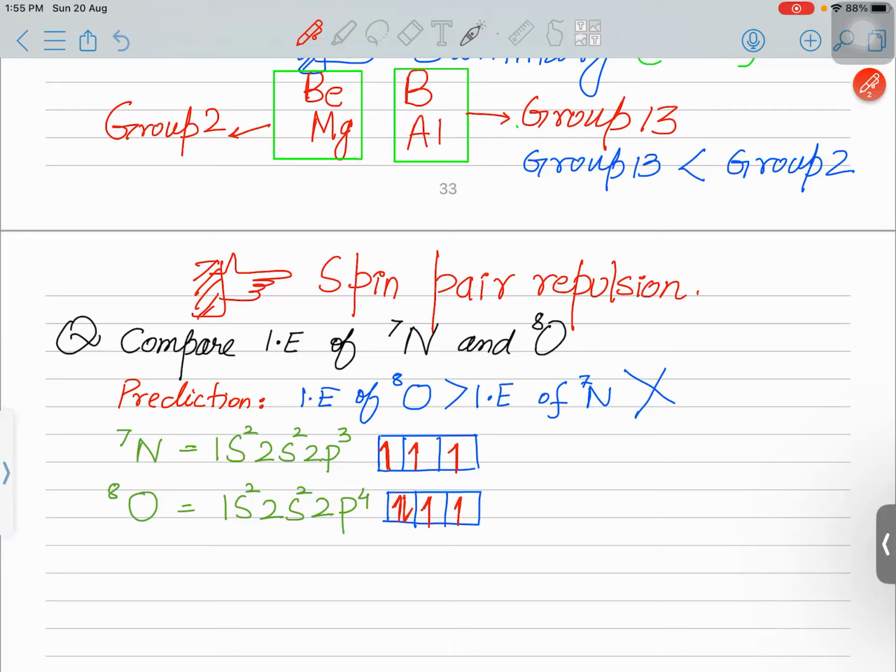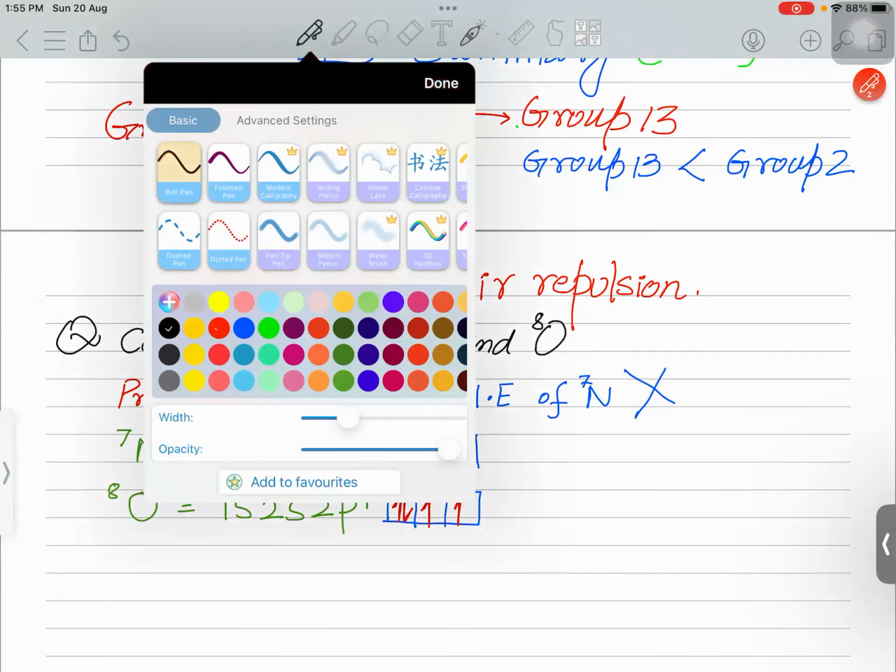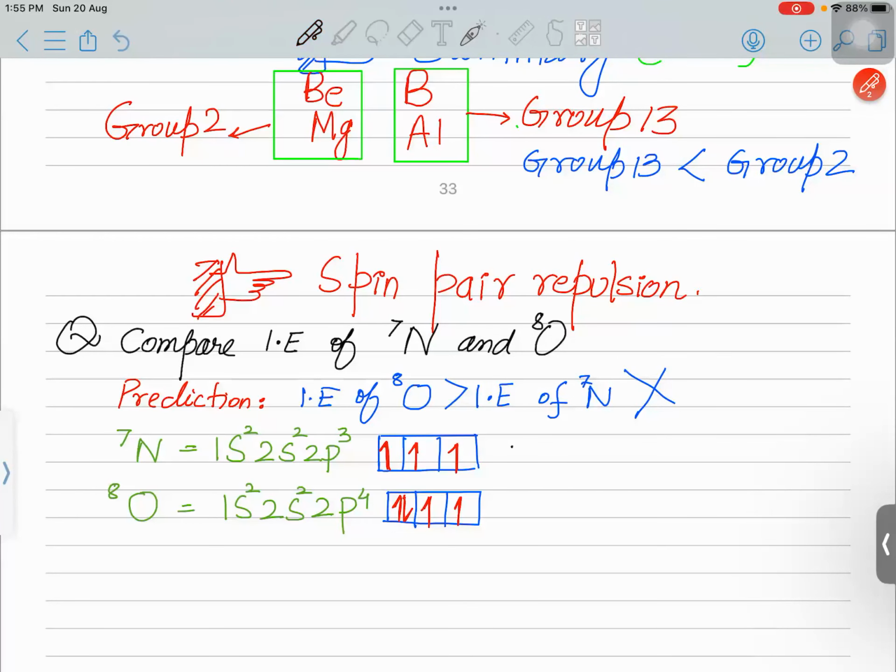Now can you tell me how many unpaired electrons and how many paired electrons there are in both? For nitrogen, there are none. None, 0.